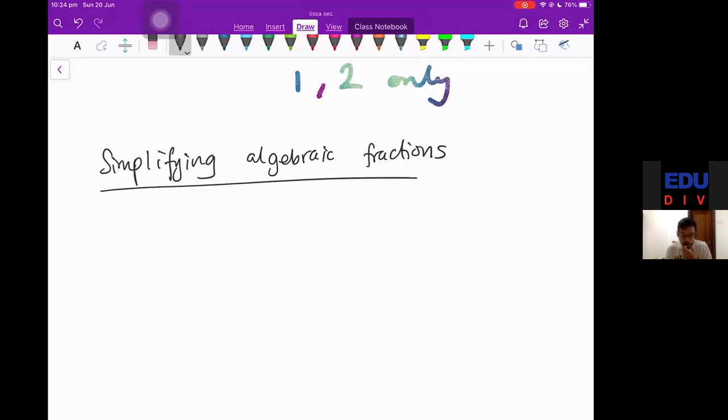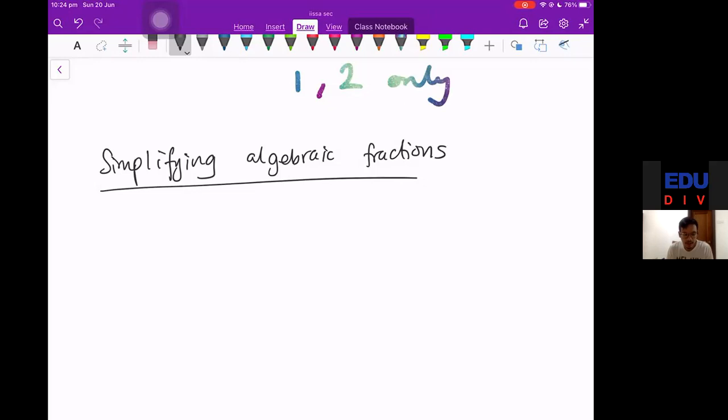There is no difference whether we are dealing with algebraic fractions or fractions generally. So I'll give you an example.